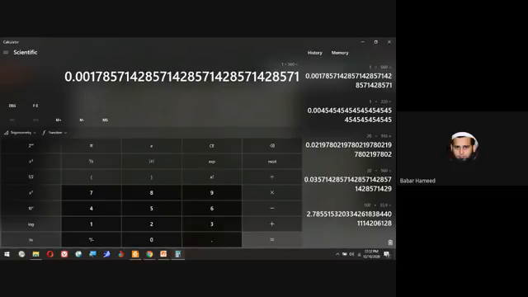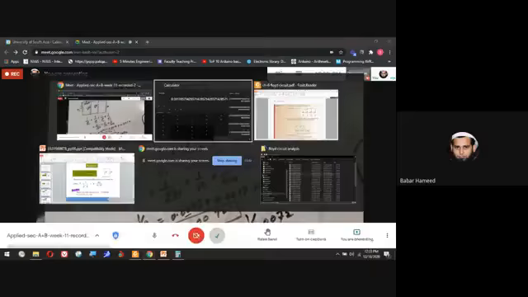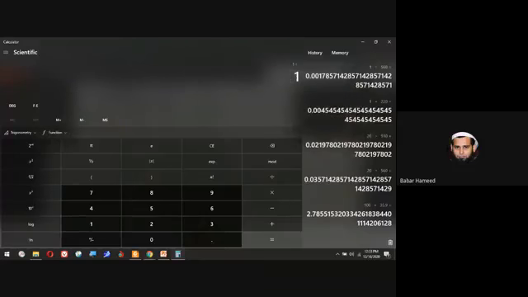So now I have the value 0.0072. Now RT is equal to 1 divided by 0.0072.